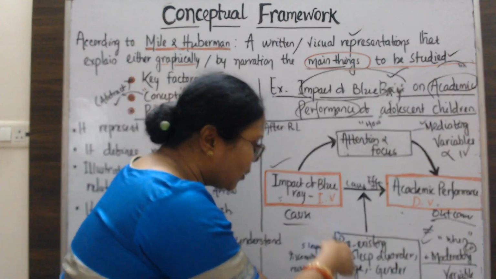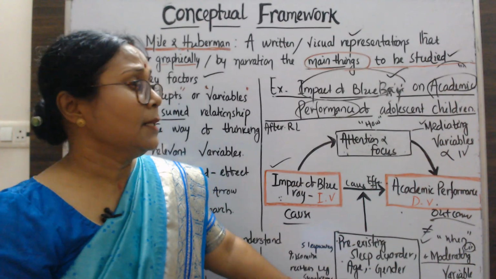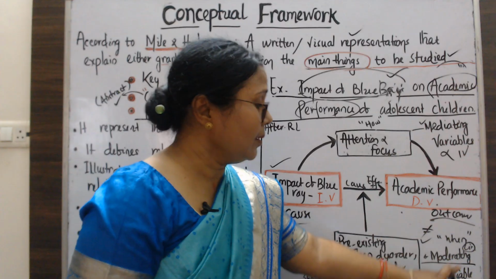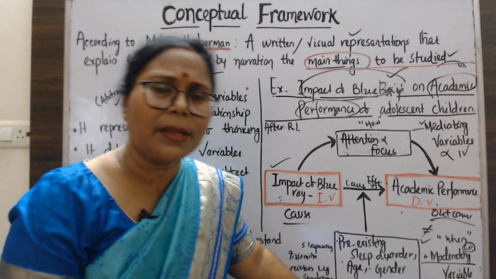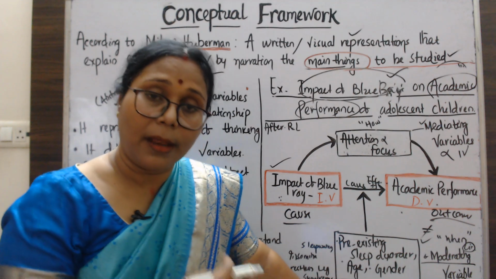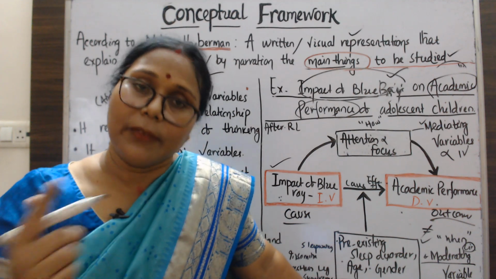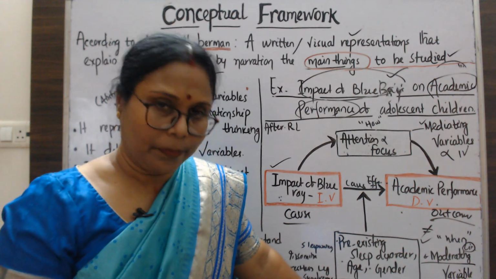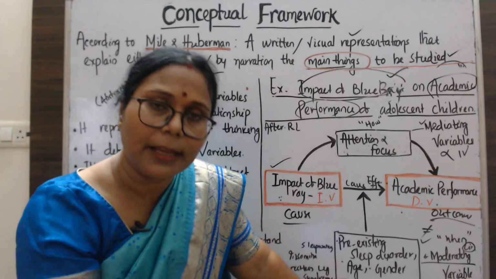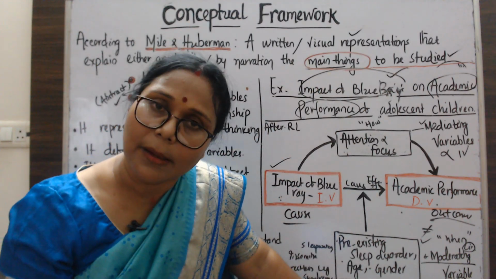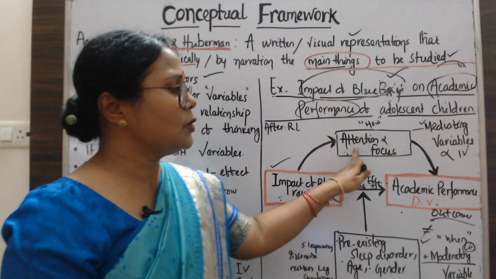After these, other factors are there. One is the mediating variable and the other is the moderating variable. So what is a mediating variable? A mediating variable explains how the independent variable affects the dependent variable indirectly, because cause and effect is a direct relationship, but how does the independent variable affect the dependent variable indirectly? Suppose attention and focus.